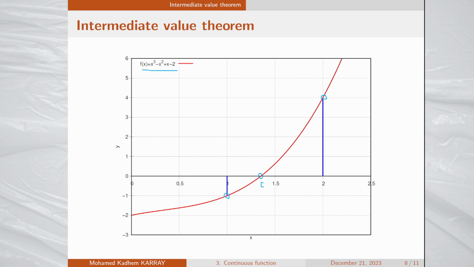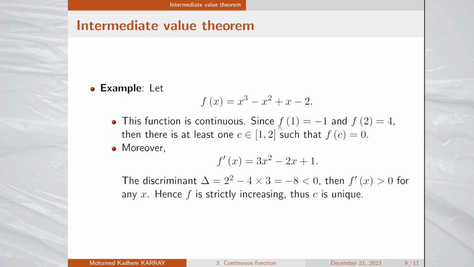And mathematically we can treat this example by calculating the value of the function at point 1, and this gives the value -1. The value of the function at point 2 equals 4. So these two values have different signs, so there is at least one c such that the function equals 0.